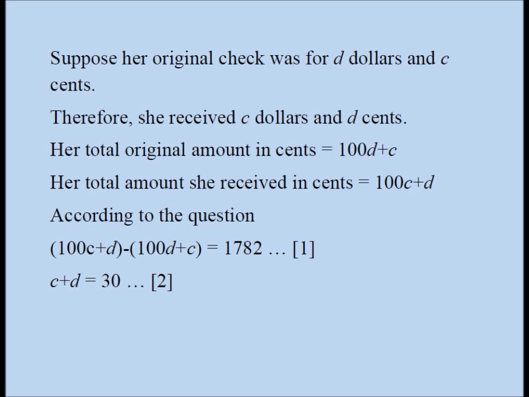Now, according to the question, we know two things. According to the question, the amount that she received is $17.82 more than the amount that she should have gotten. Instead of writing $17.82, I wrote 1782 cents, because everything should be in the same unit.